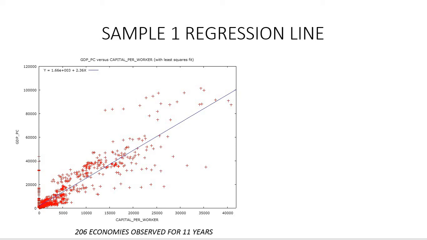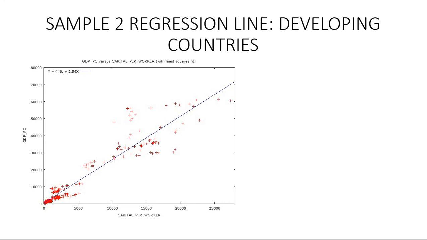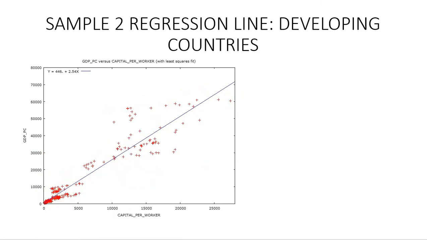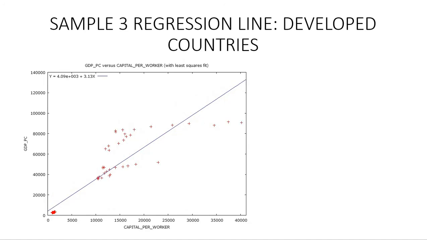So this is the shape. In this case, I included only developing countries, and you can already notice that the value of intercept and beta 1 coefficient are actually different, and here for developed countries.